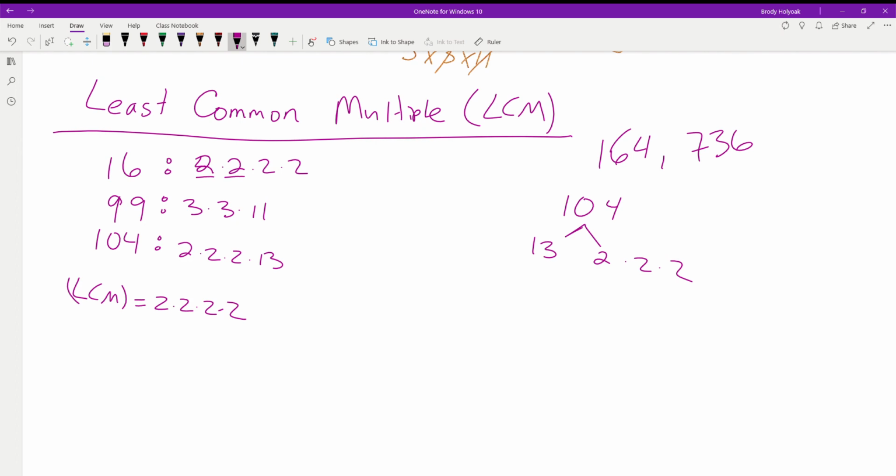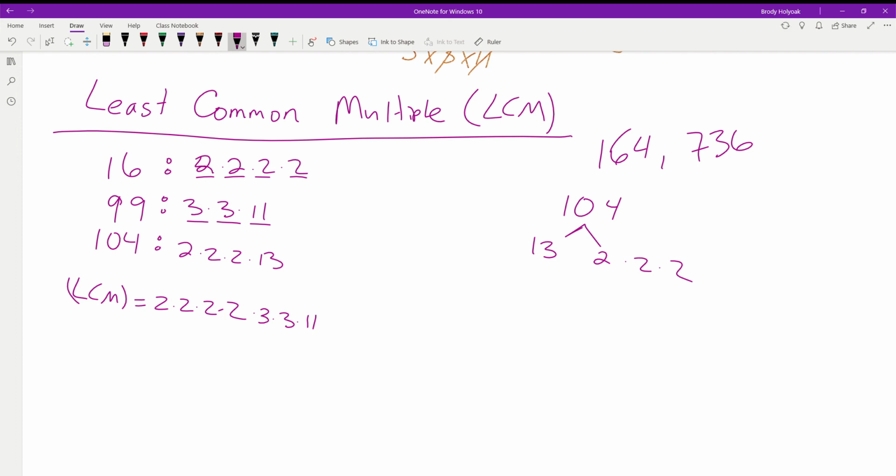That takes care of each of them. Now we come down and look at our next value, 99. So for our multiple to be divisible by 99, it has to have 2 3s and an 11 in it. So we just simply add in 2 3s and an 11. Now we look at the last value.